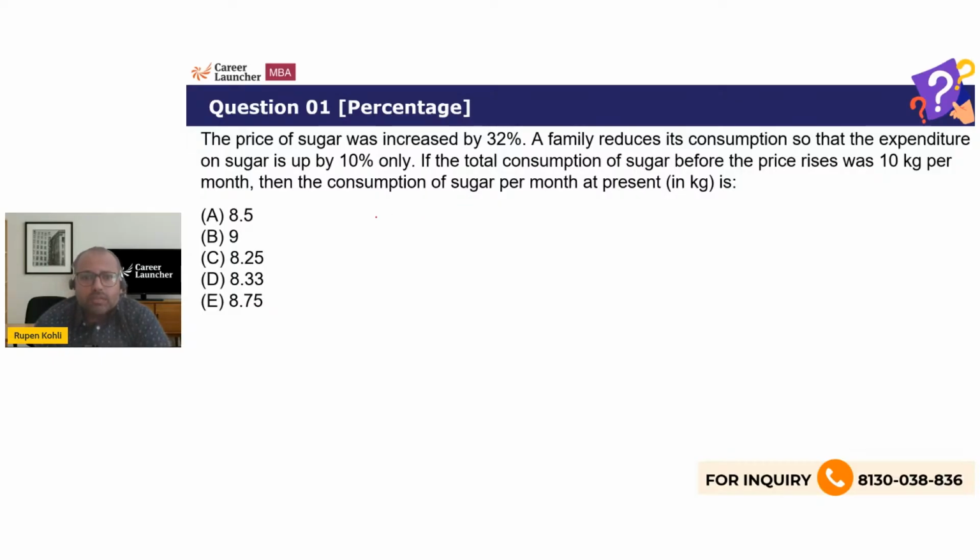The important thing to understand is how the quantities are related here. The consumption into the price is basically the expense. So let's say E stands for expense, equals the price of the sugar into the consumption, C, which is given to be 10 kg per month. Since we don't know the value of the price, we can assign any suitable value.